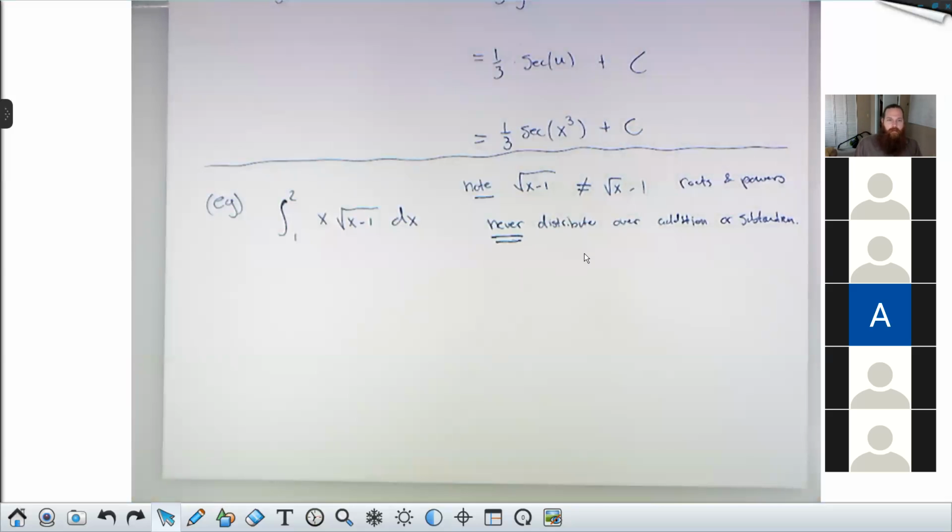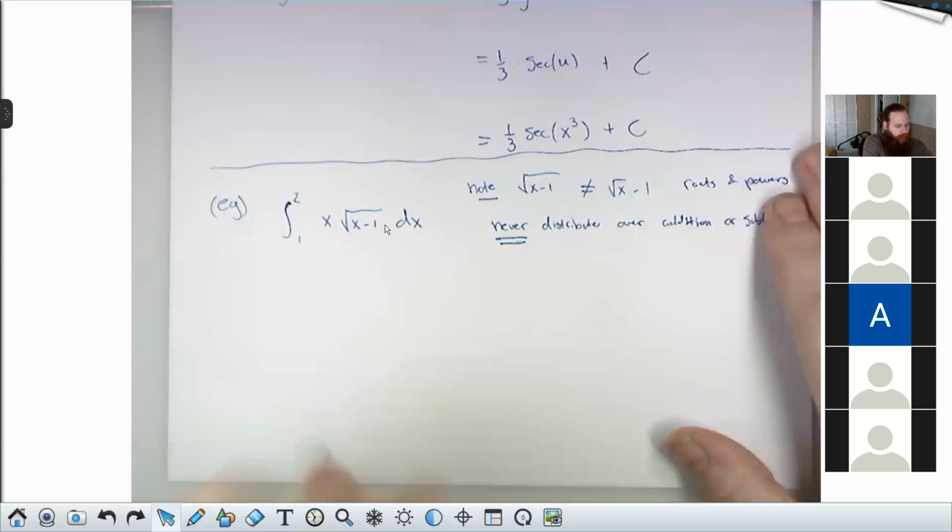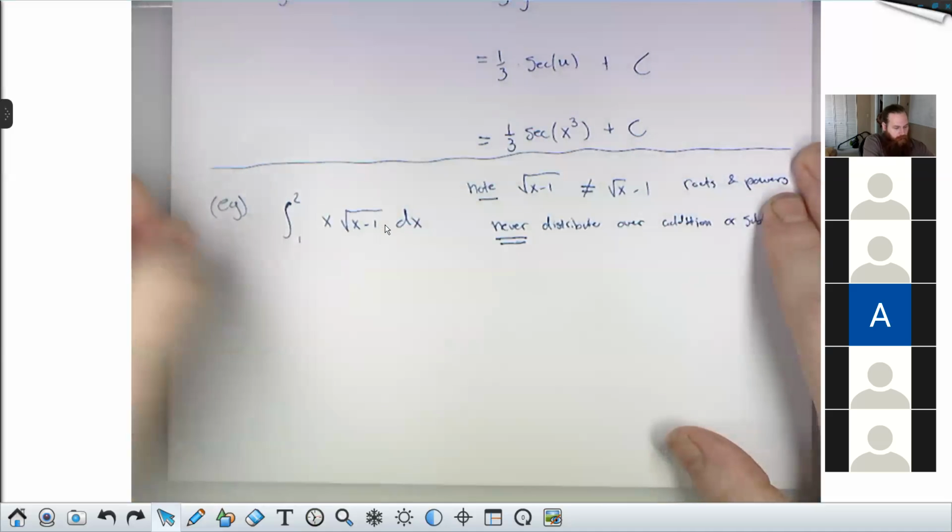So instead I want to ask, how can I make this nicer? Well, I would love to not have any addition or subtraction under my square root. That's kind of why this sucks. So if I think of this as my inner function, I can try substituting.